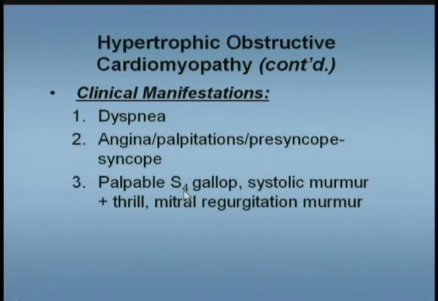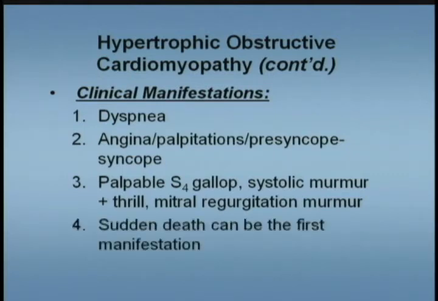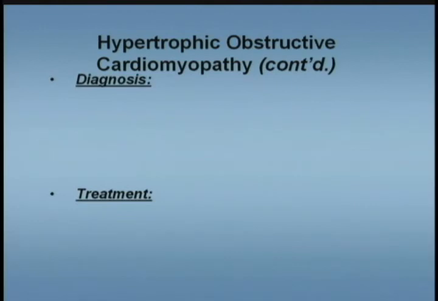We get an S4 because we have left ventricular hypertrophy. So, when it says sudden death can be the first manifestation, it's definitely your last if you have it. But can be does not mean the same thing as most common.